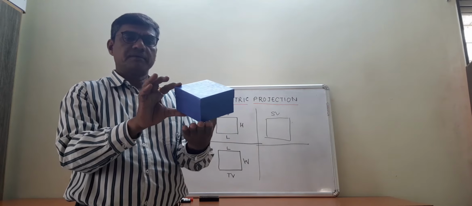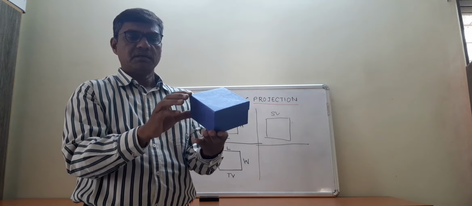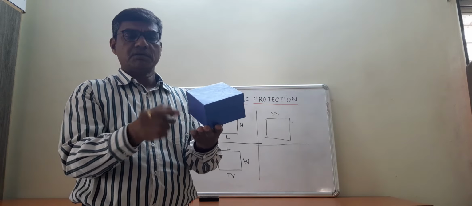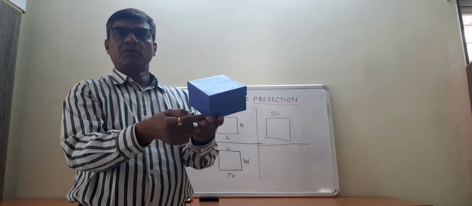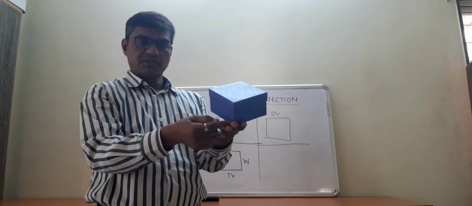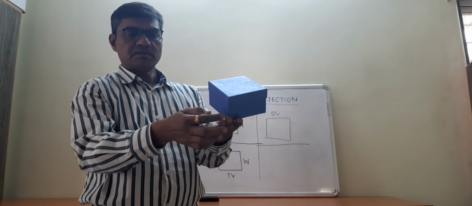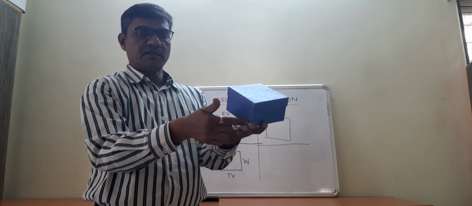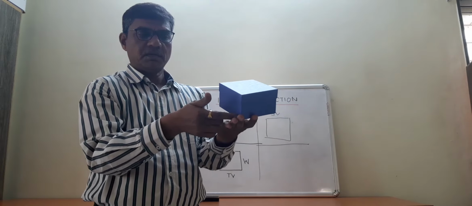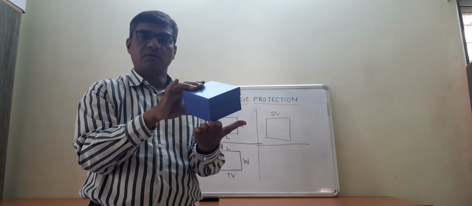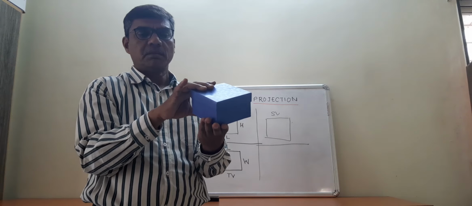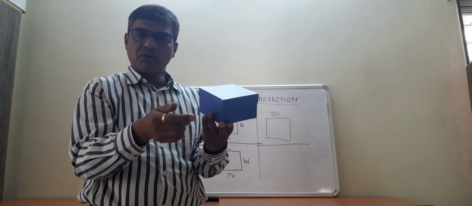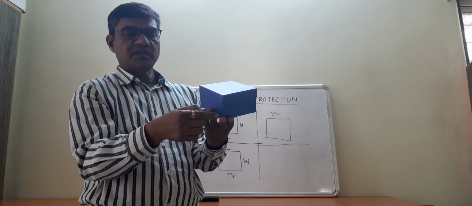Now how is it made? You see that this box is resting on one of the corner points of the bottom surface. Two lines, this is one line and this is another line. These two lines which are coming out from the point on which it is resting, that point we can call the origin.